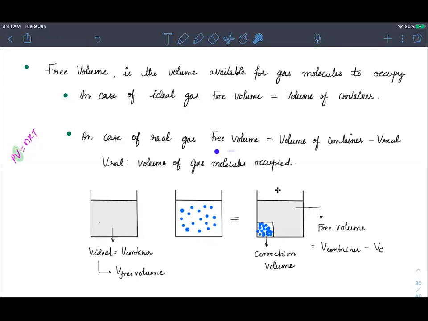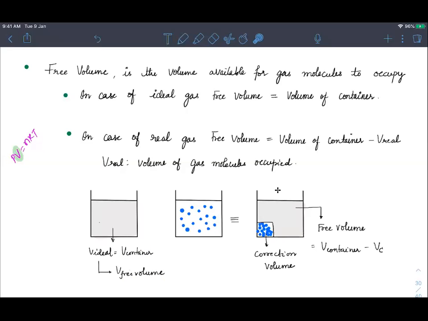But in case of real gases, free volume is always the volume of the container minus some real volume, which is the volume of the real gases. So you can see this is like the ideal gas case, where free volume is the same as the volume of the container.